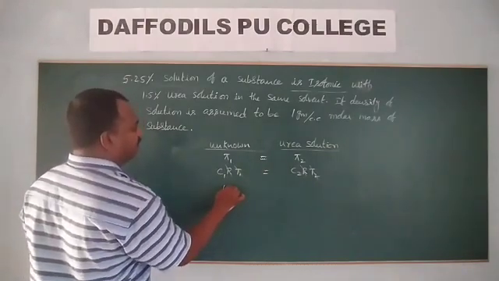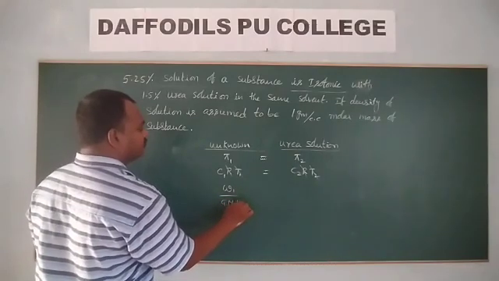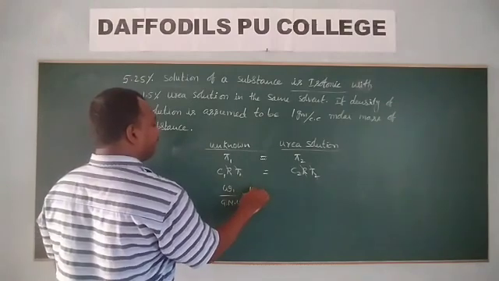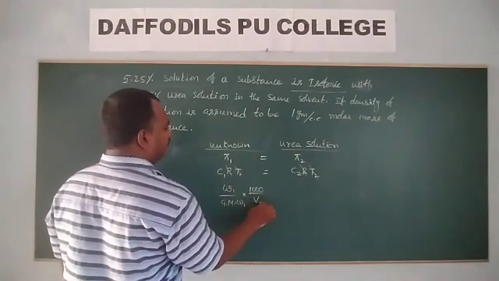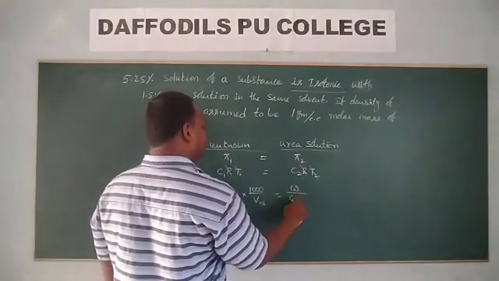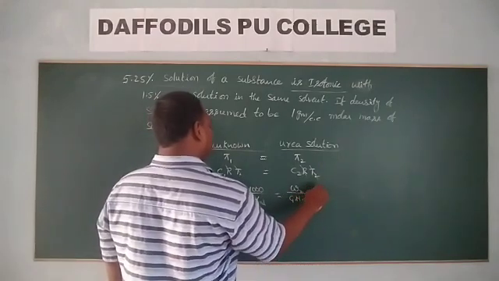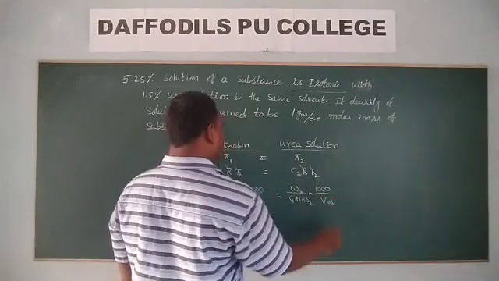Now I am writing weight by gram molecular weight of the unknown solution into 1000 by volume in ml, equal to weight by gram molecular weight into 1000 by volume of solution in ml.